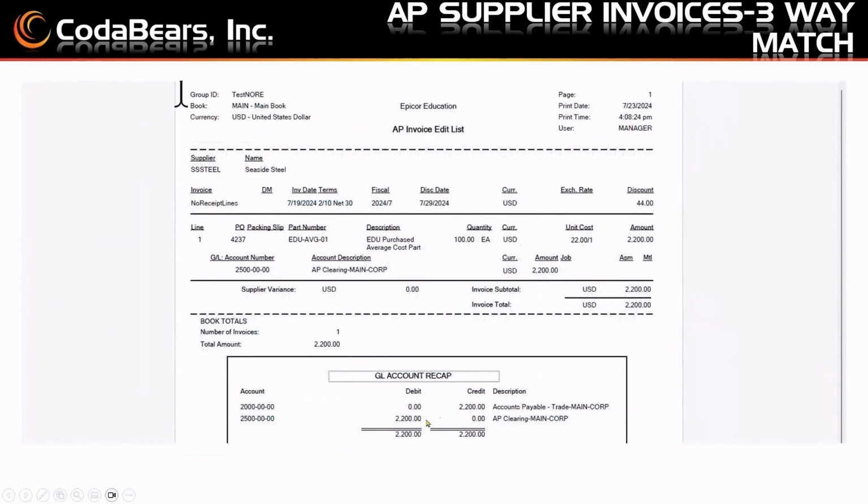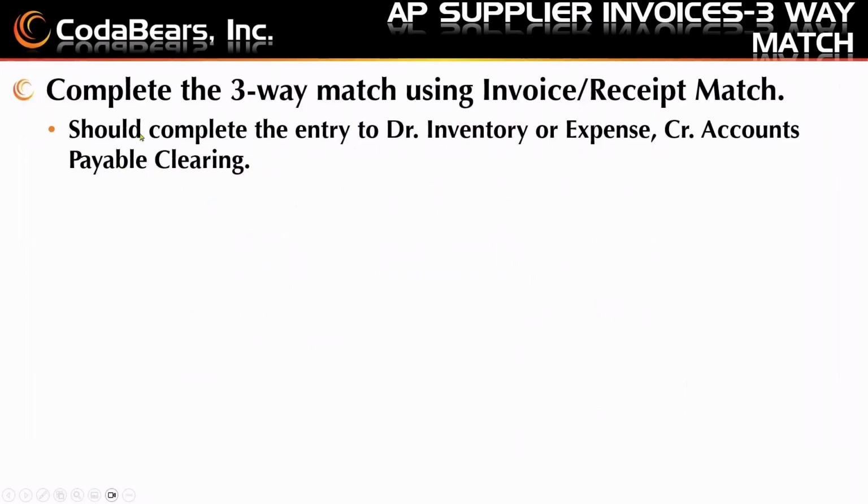It's still going to pull from the AP clearing account to accounts payable, and everything looks the same, but we haven't matched it yet to the PO. So to do that, you're going to complete the three-way match using invoice/receipt match. You should complete the entry, which will then debit inventory or expense and credit accounts payable clearing.